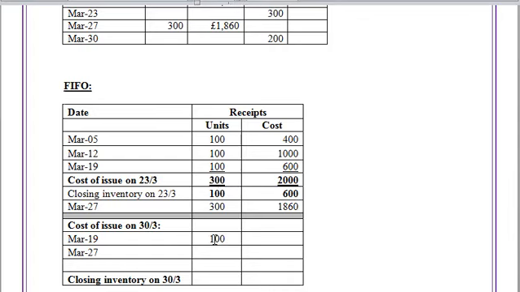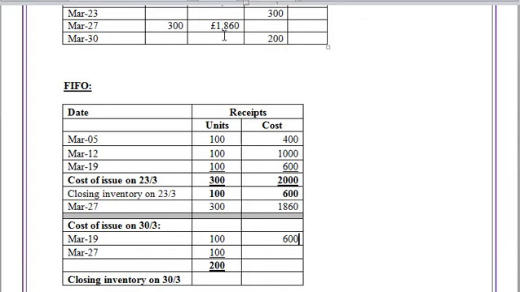I will use those first, and then I will pick another 100 units from the inventory that I received on the 27th of March. I take that 100, that will give me the 200 units that I have issued out on the 30th of March. The 100 units cost us £600.